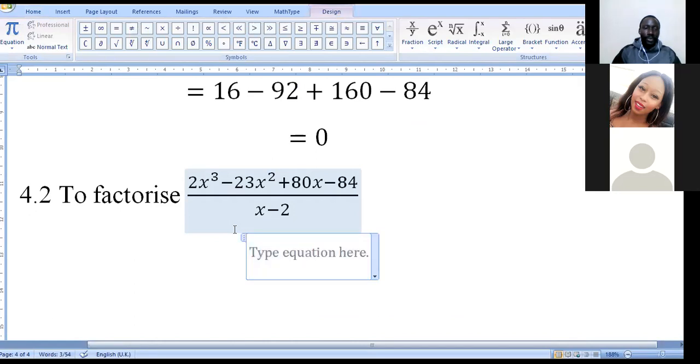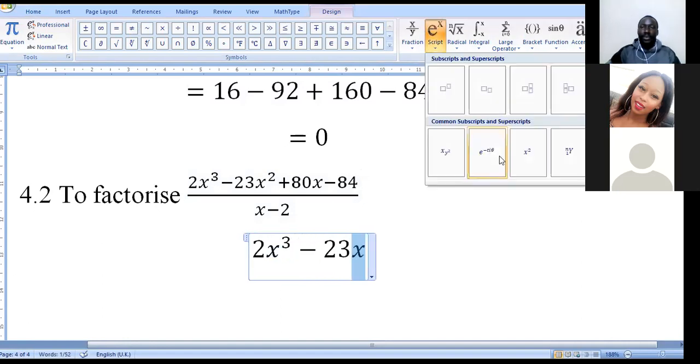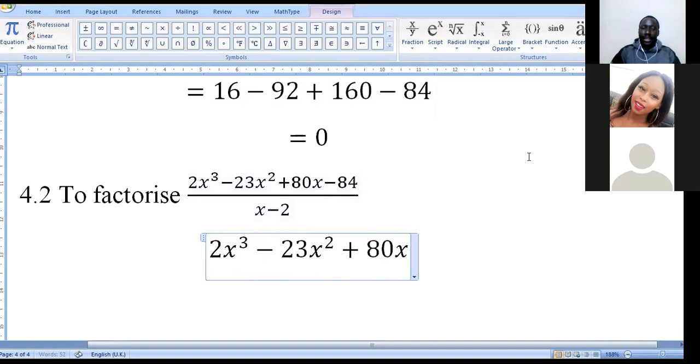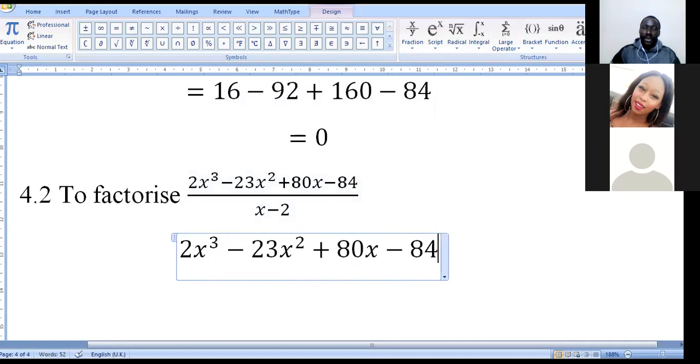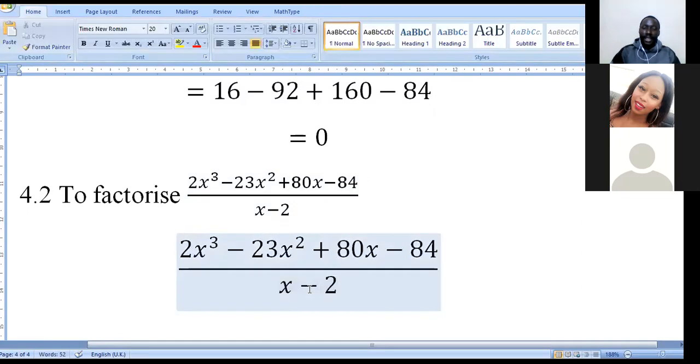So we have 2x cubed minus 23x squared, okay, then plus 80x, then minus 84. So what we are doing is we are dividing this by x minus 2.